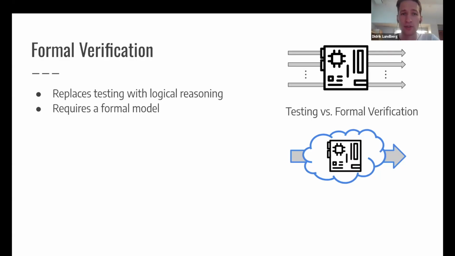So this means that you can actually prove the absence of bugs with respect to your formal model. And this is especially important for non-reproducible behavior that could be introduced by concurrency phenomena, for example.